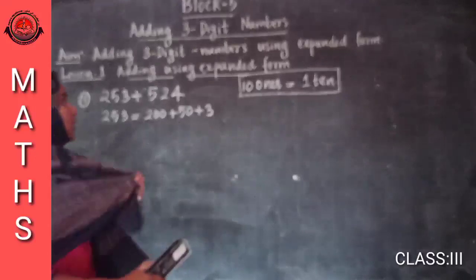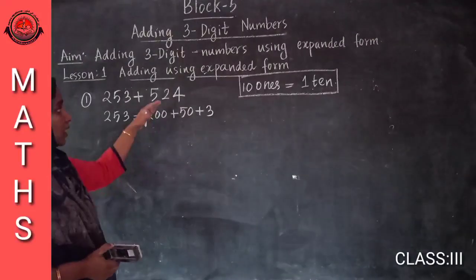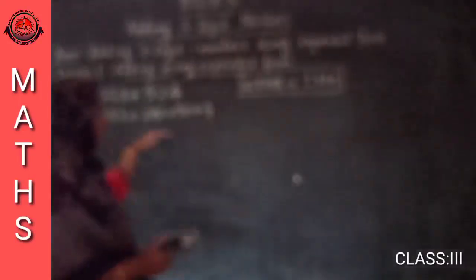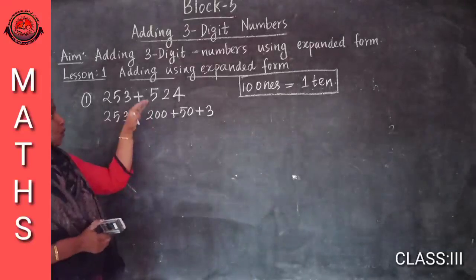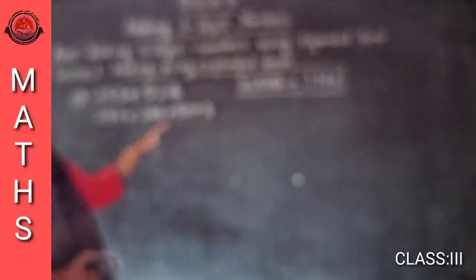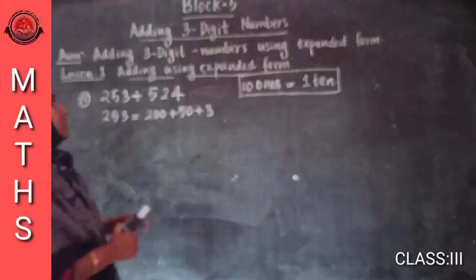Write the expanded form of both the numbers, and write the hundreds, tens and ones as per their place, one below the other.